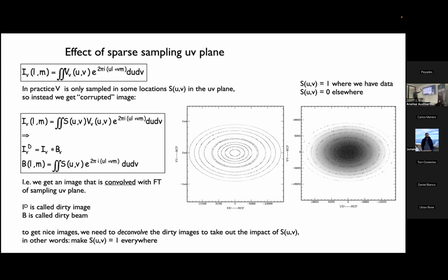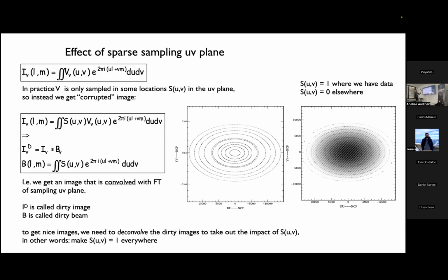So the true image would be the Fourier transform of the visibilities, the visibilities of the true image. But obviously we don't observe all these true visibilities. What we have is the true visibilities multiplied by what we call a sampling function.